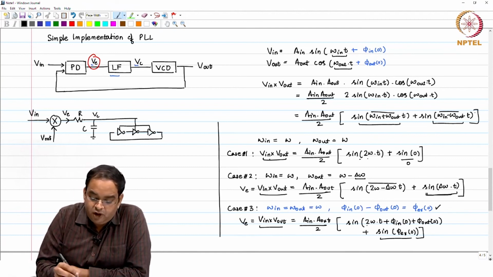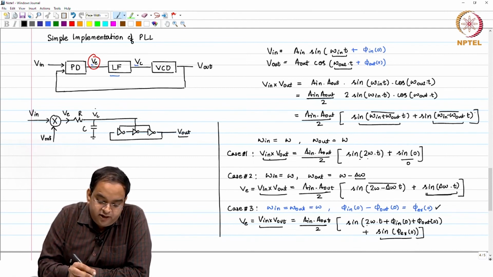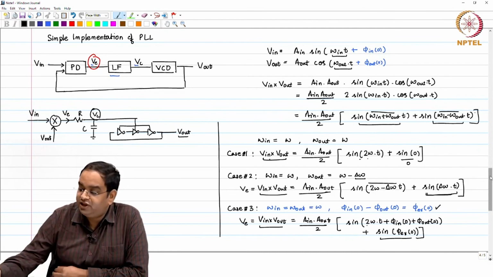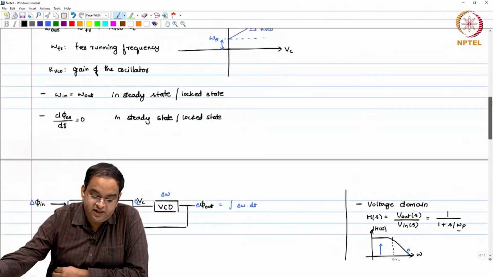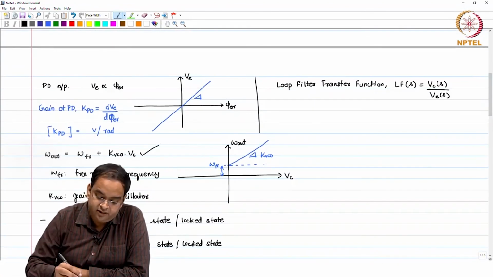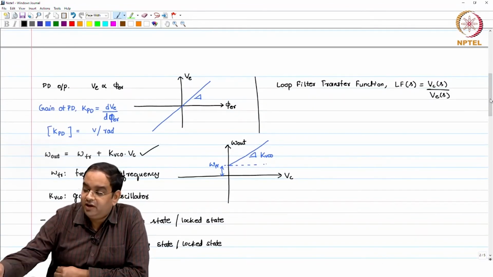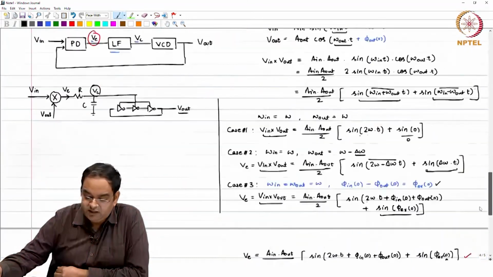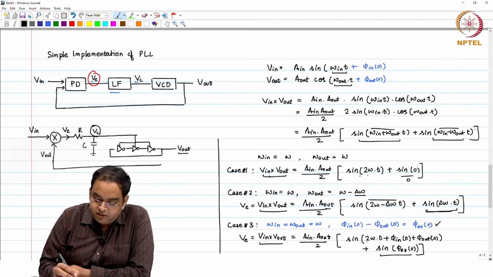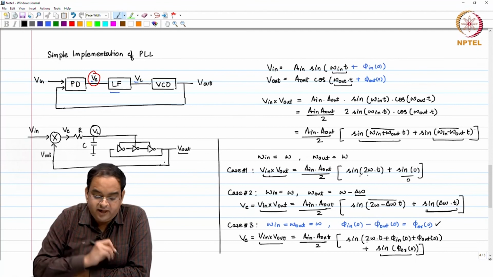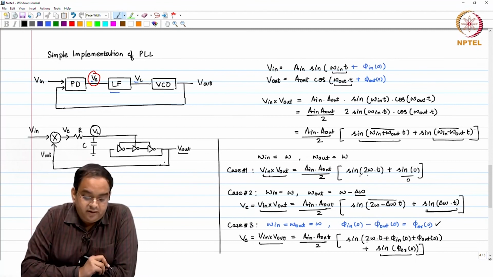This is a block which has an output voltage V out, and this V out is related to V control using the frequency relationship which we talked about earlier. So, that is how you control it. Then I will connect this V out for the feedback in this manner.